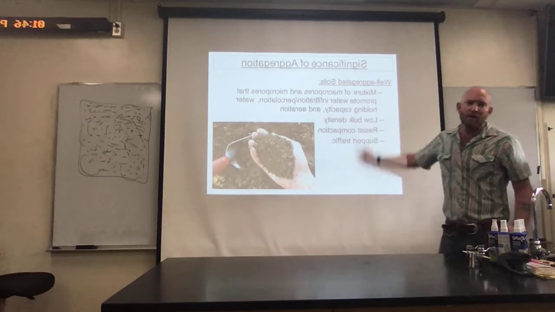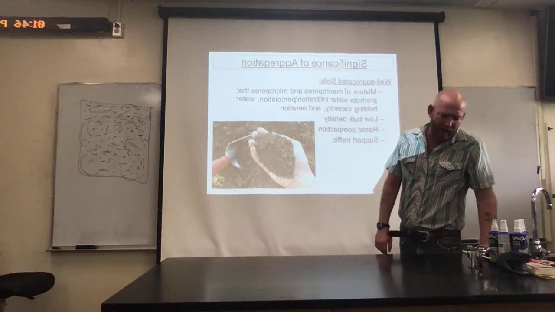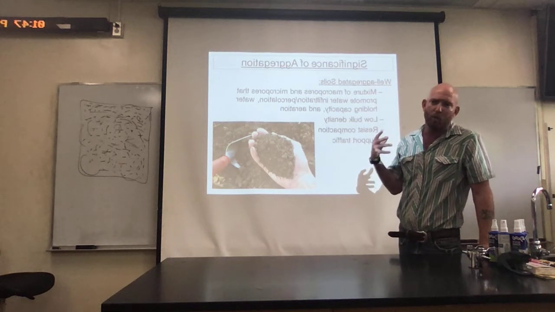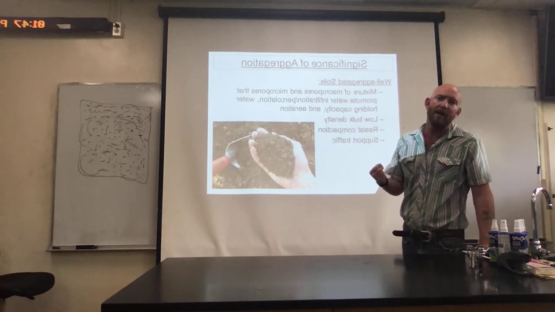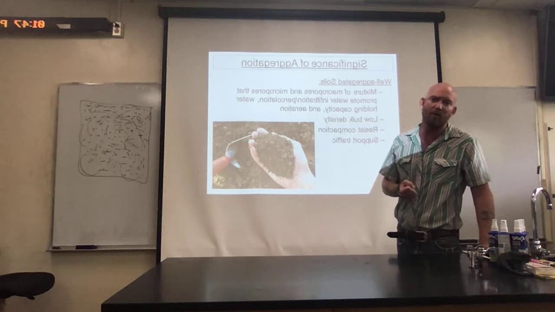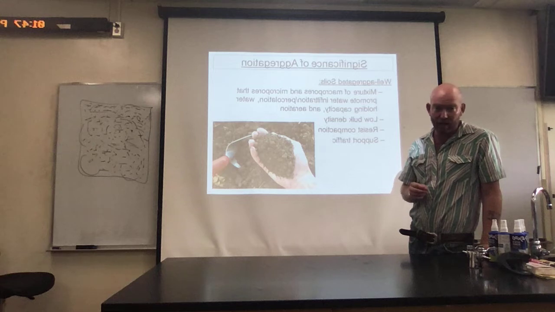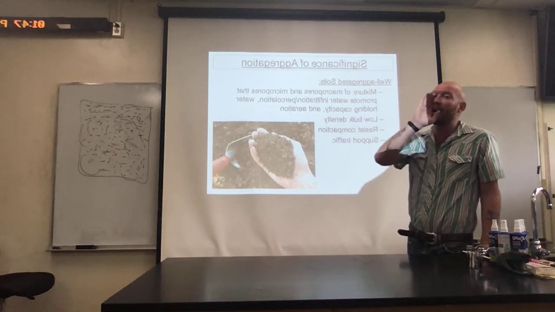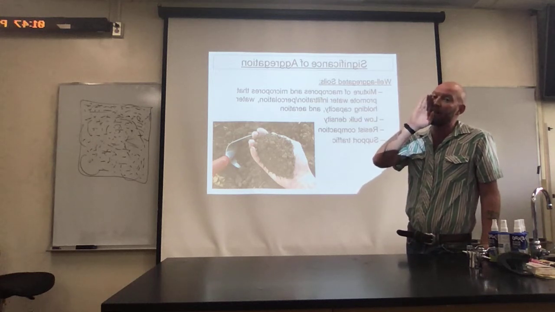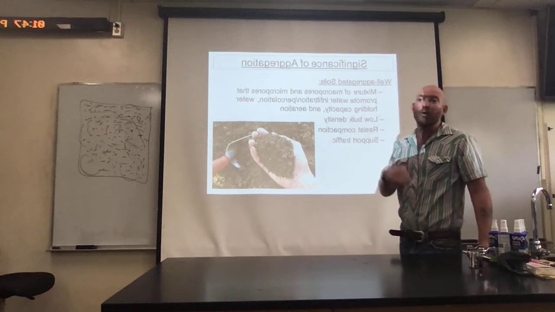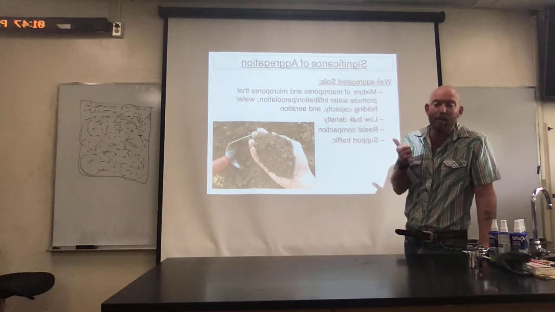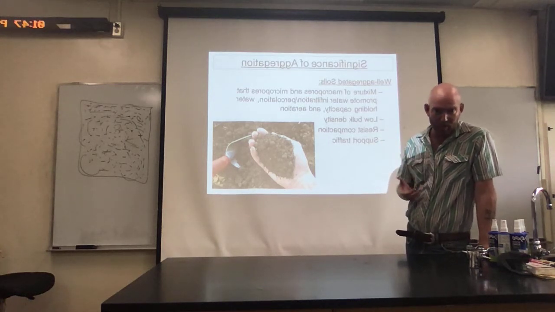What's nice about low bulk density also is it's easier to work. It's easier to cultivate, right? I think I've used the example in class before. You use less gas tilling a well-aggregated, aka lower bulk density soil, than you do to till a high bulk density dispersed soil.